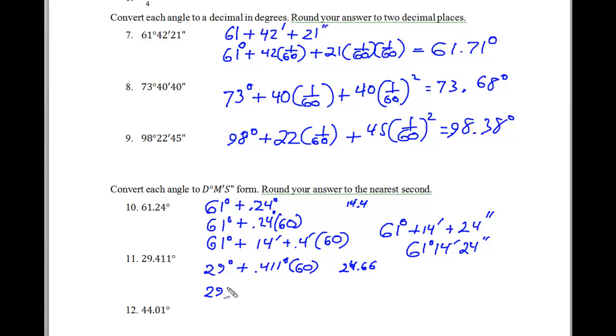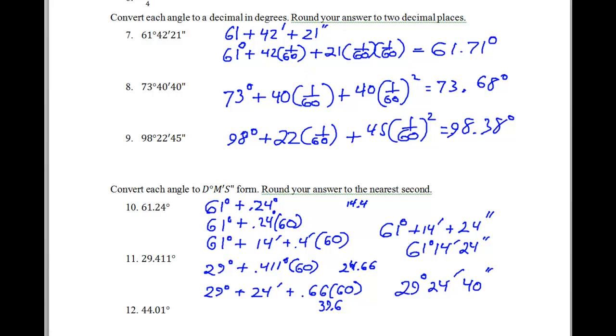So 29 degrees plus 24 minutes plus 0.66 of a minute, I would then multiply this by 60. And multiplying that by 60, I get an answer of 39.6 seconds. Now it says round your answer to the nearest second. So my answer is going to be 29 degrees, 24 minutes, and 40 seconds. Seconds denoted by the two tick marks there.